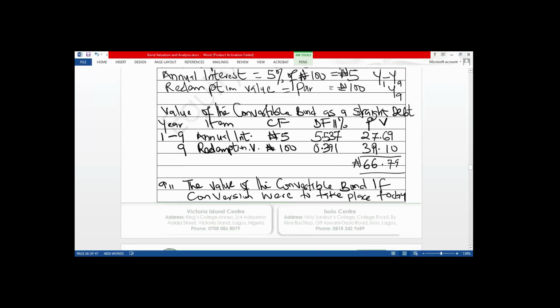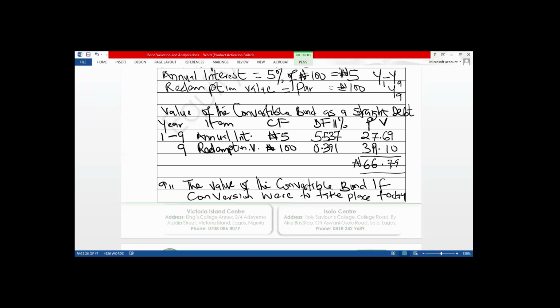This is the value of the convertible as a straight debt. As of today, it's 66 naira 79 kobo. If I now say, okay, possible date of conversion 1 year's time, what is the value of the convertible bond as a debt in 1 year's time?